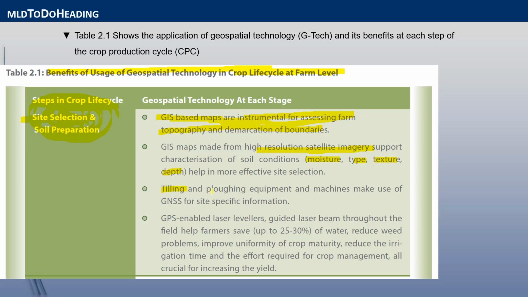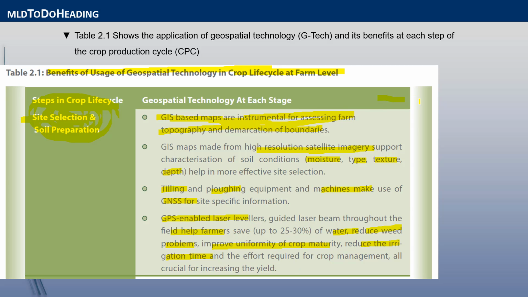For tilling and plowing equipment and machines, we can make use of GNSS, a site specific geospatial technology, with these operations. And with GPS enabled laser levels, the guided laser beam throughout the field helps the farmer save water, reduce weed problems, and improve uniformity of crop maturity, and we can reduce the irrigation time with the help of GPS enabled laser levelers.